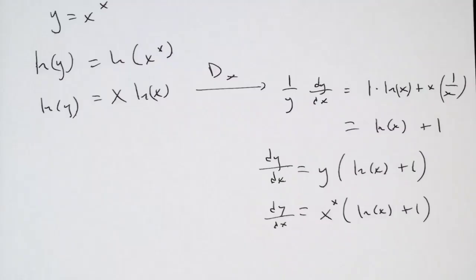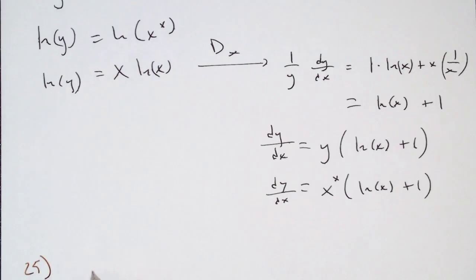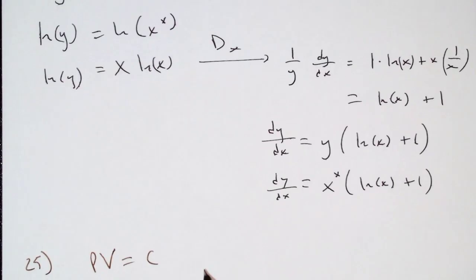We can do 25, or we can do 26. 25 is very similar. We'll do 25. So 25 gives me Boyle's law for gas compression. When a sample of gas is compressed at a constant temperature, the product of the pressure and the volume remains constant.